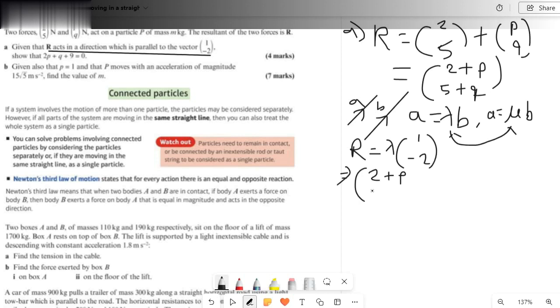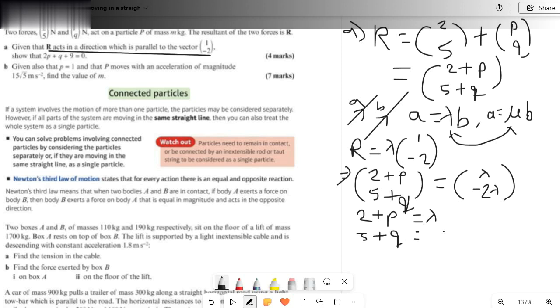So we have (2 + p, 5 + q) equal to (lambda, -2 lambda). So we have two equations: 2 + p = lambda, and 5 + q = -2 lambda, which are equation 1 and equation 2.